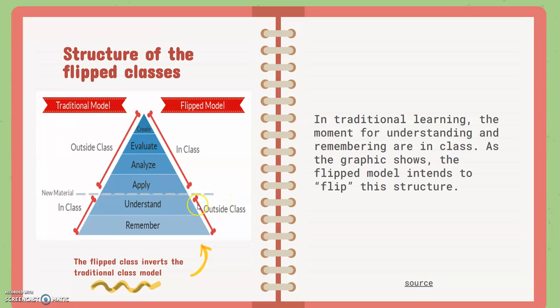It's outside the class where you're actually doing what you normally do in traditional classes, which is understanding and remembering. As the graphic shows, the flip model intends to flip this structure.